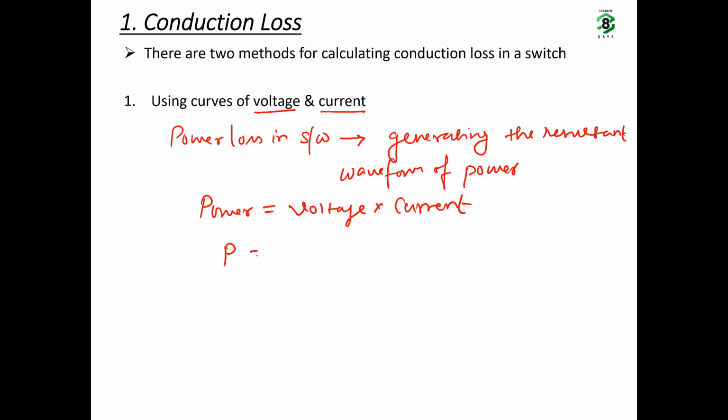P can be written as 1 by T, where T is the time period, integration of v into i into dt over the time period. As we know the waveform of power, we can write this equation as 1 by T integration of small p dt, where we get p from this waveform. Okay, so this is the first method of calculating the conduction loss.